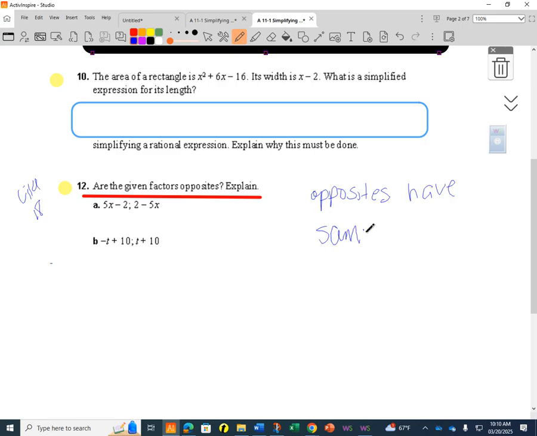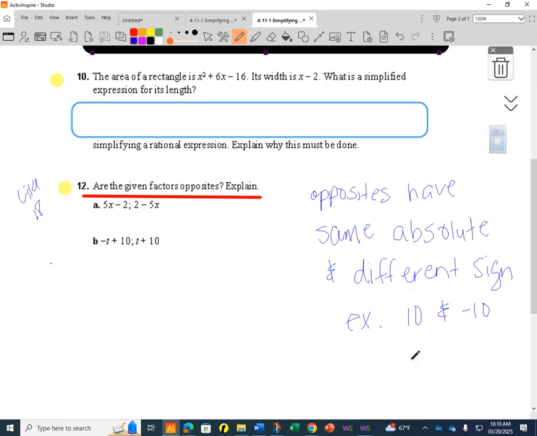We're going to say same absolute value, actually. It's not just an opposite sign, because negative 10 and 5 are opposites, right? But they're the same absolute value and different signs. So we'll write for our example 10 and negative 10, and negative 20 and positive 20.